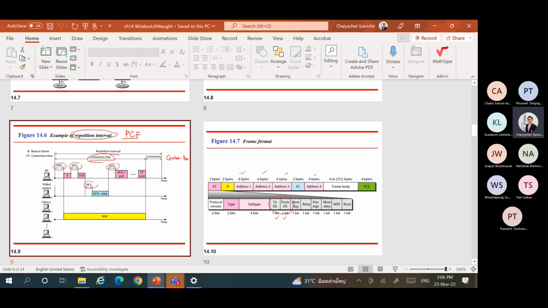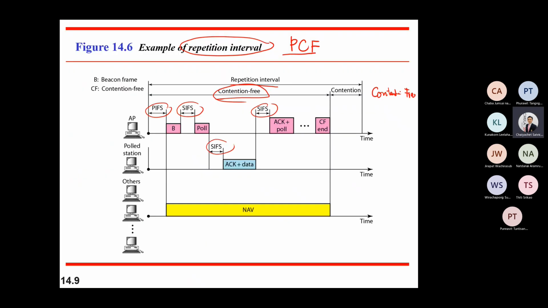You see that we have the period called contention free and contention. Contention free is PCF, contention is DCF, so it alternates between these two periods.